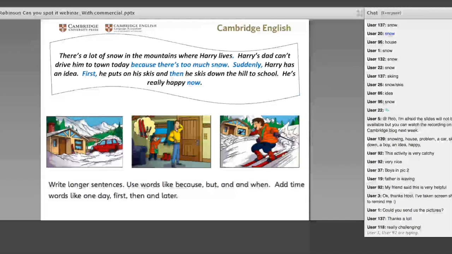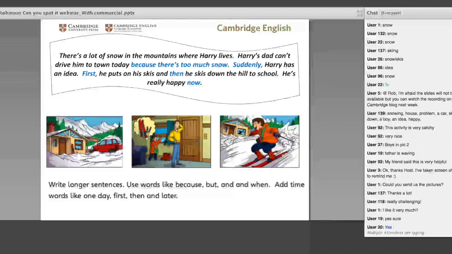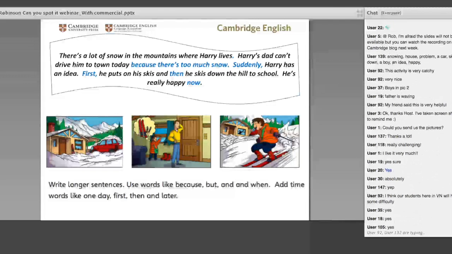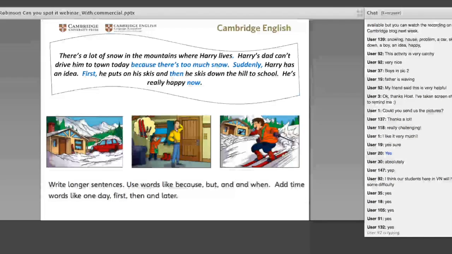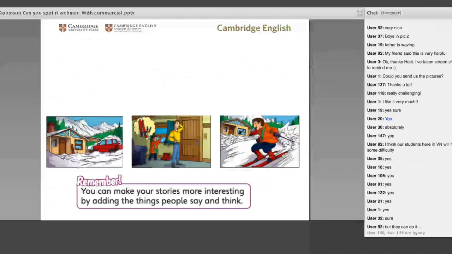Okay, so do you think your students could add these kinds of words to their stories? Good. I'm glad to hear it, because that's what we can encourage them to do.